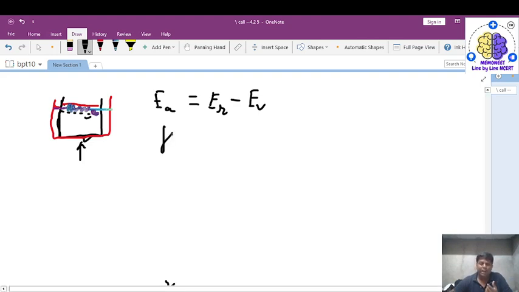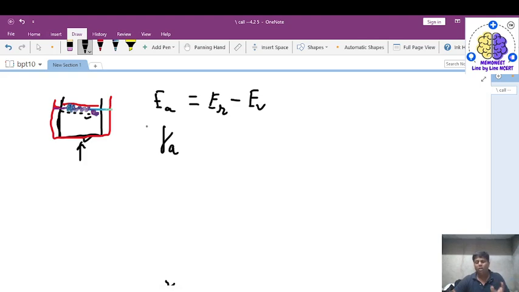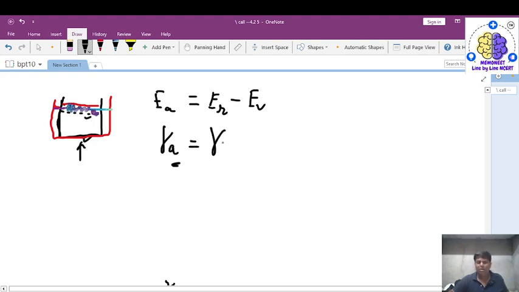So for the apparent coefficient of expansion, why are we taking gamma? Because the liquid is three-dimensional, we are considering the volume of the liquid. So gamma A, which is apparent to us, will be equal to gamma R, that is the real expansion of the liquid, minus gamma V, that is the coefficient of expansion of the vessel.